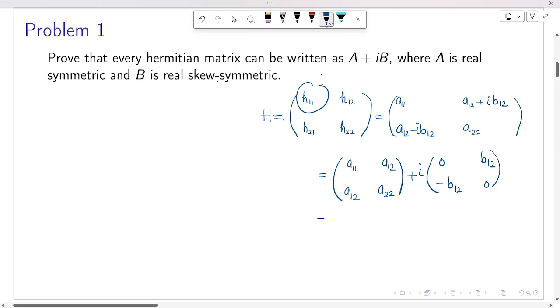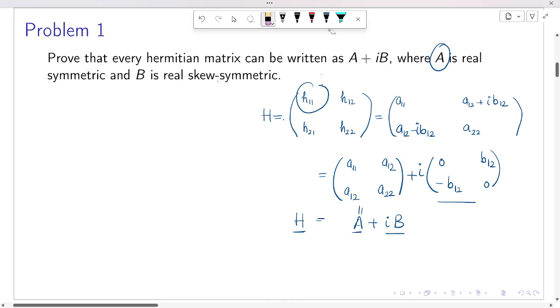So now write this matrix as A and write this matrix as B. So what we have done, we have expressed this matrix H as A plus iota B, where A is this matrix. And what we wanted to prove, we wanted to prove that A is a real symmetric matrix.